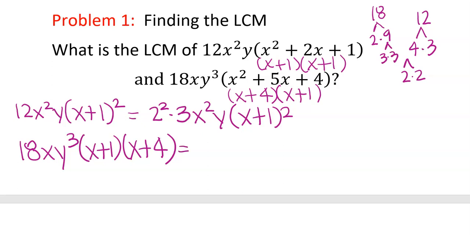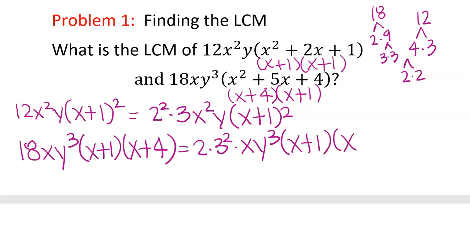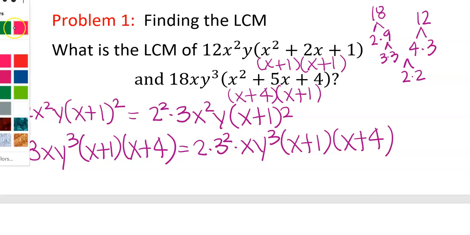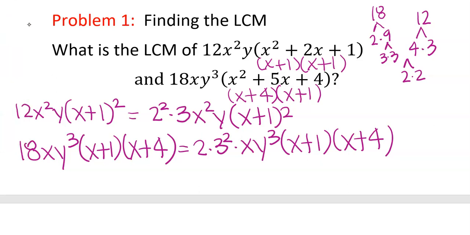So for 18, we are looking at 2 times 3 squared times xy cubed, x plus 1, x plus 4. So we're going to look at each of these numbers and variables separately. So our end result's going to look more like this.